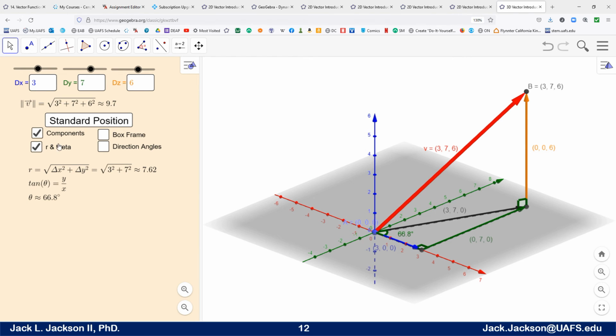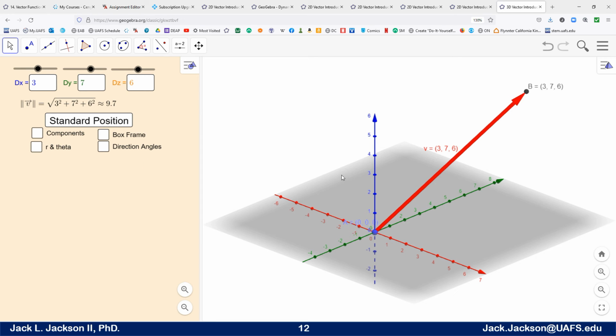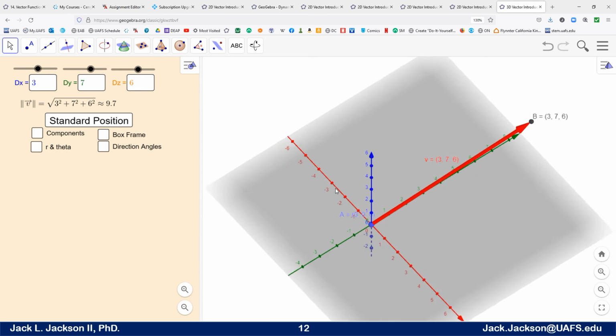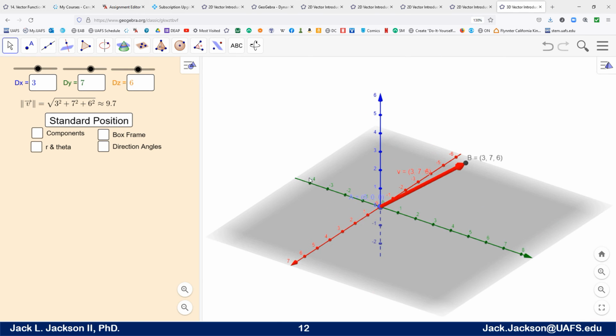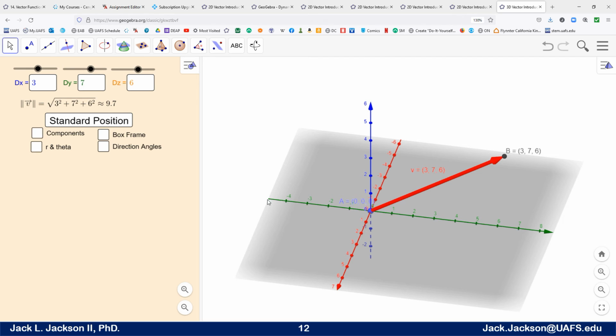Unfortunately it's a little hard to visualize what's going on with this red vector when we do it in the abstract without any reference other than the axes here. The red axis is the x-axis, the green one is the y-axis, and the blue one is the z-axis. Notice any 2 of these are perpendicular to each other.